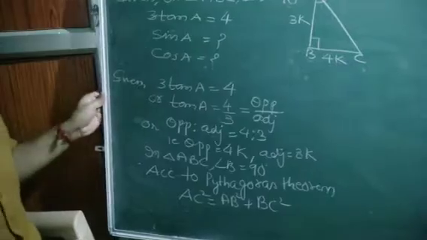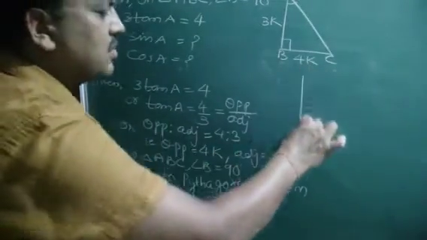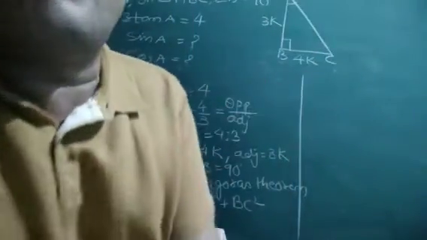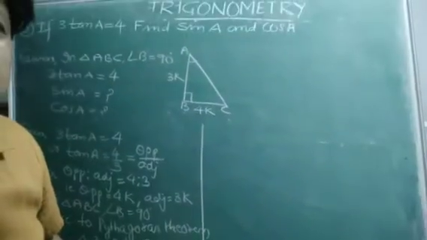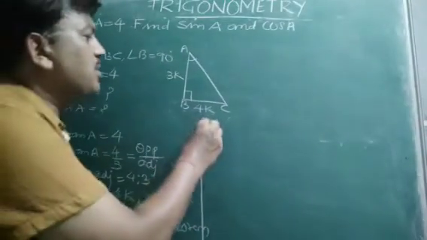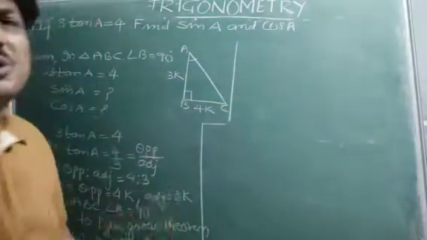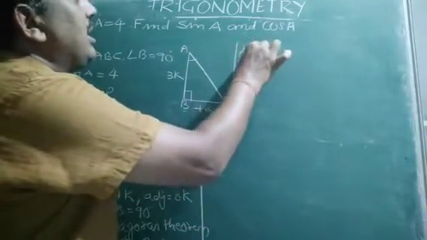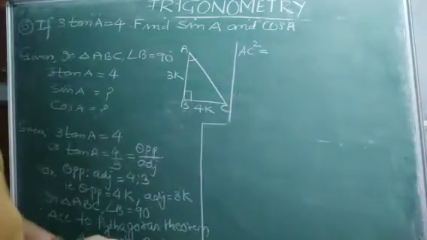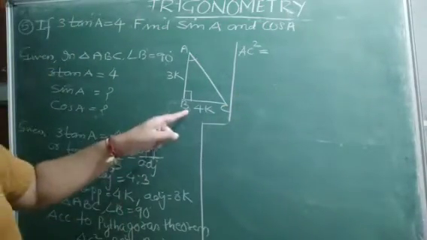And what is the AC square, children? AC square value, how much? AC square value is given or not? Not given. We have to find it out, children. So AC square value we have to find out. So put the values: AC square is equal to what, children?